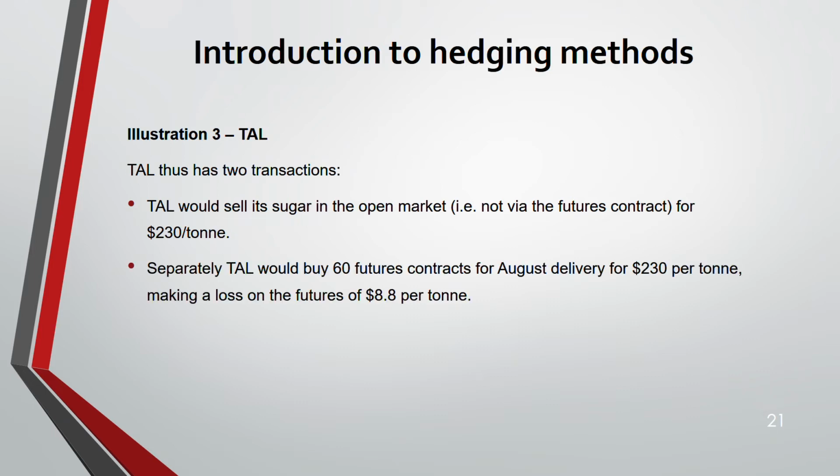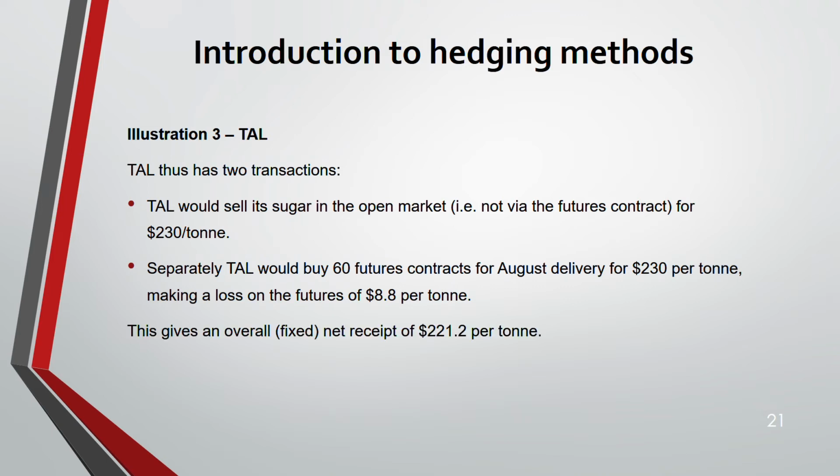Second, they would buy the 60 future contracts for August delivery at 230 per ton, to close the position. But they are going to make a loss in the future. Why? Because the price they sold at is 221.2, which is less than 230. So through the future, remember, you have to sell at a lower price, that is 221.2, which is less than 230. So you're making a loss in the future.